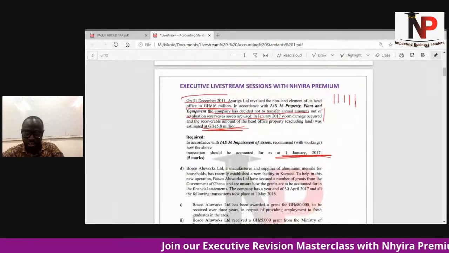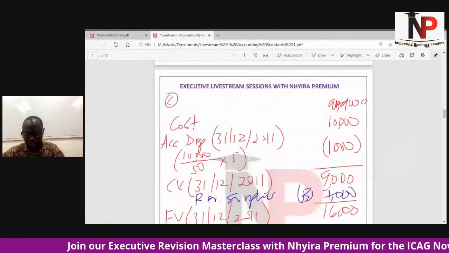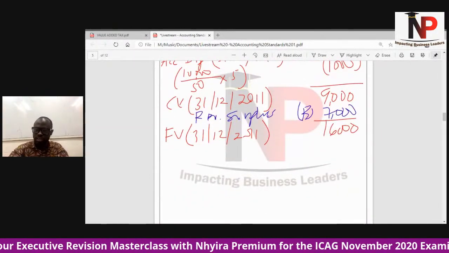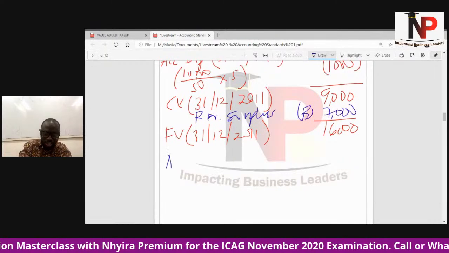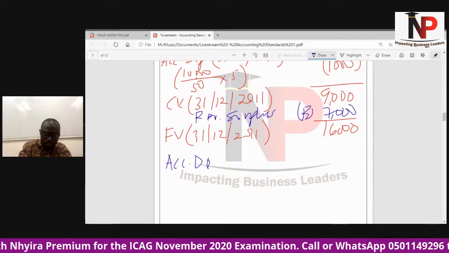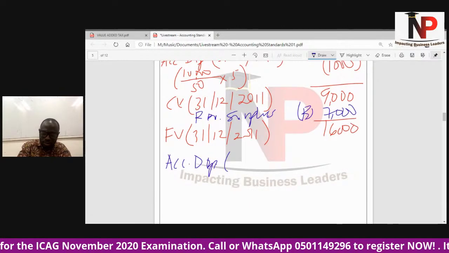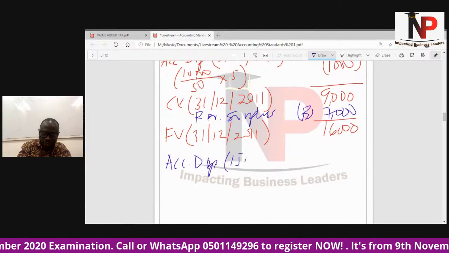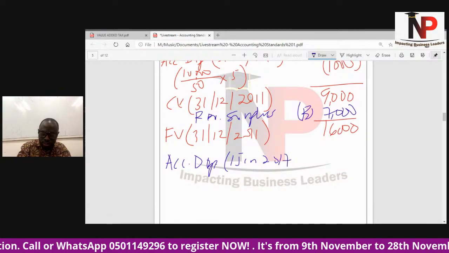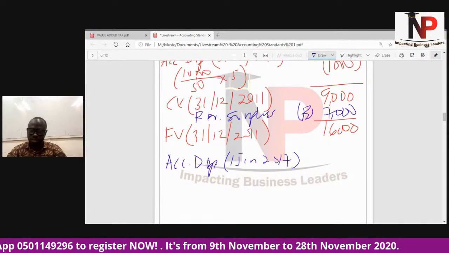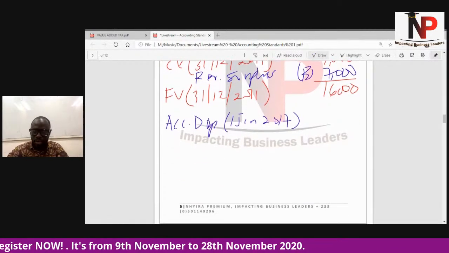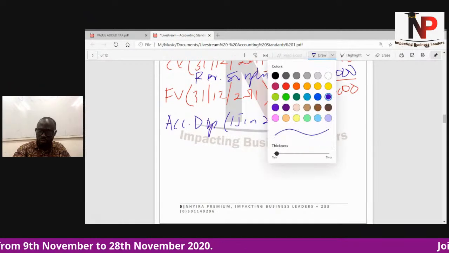So another 5 years there. So let's calculate the accumulated depreciation again as at 1st January 2017, and that will be 5 years.